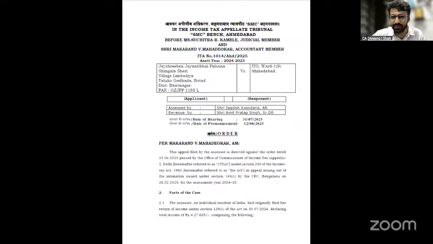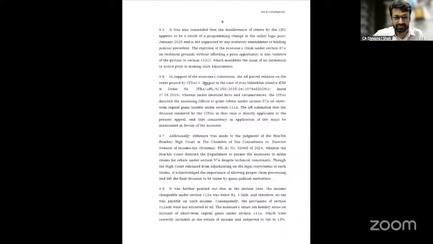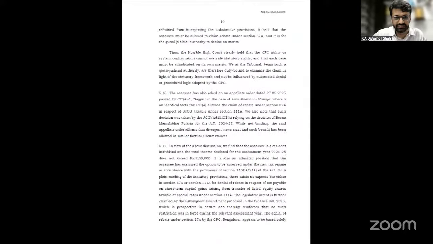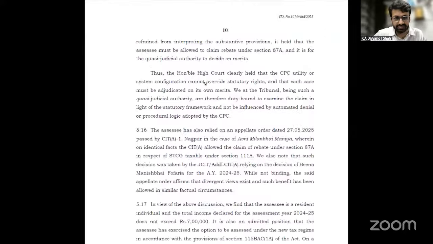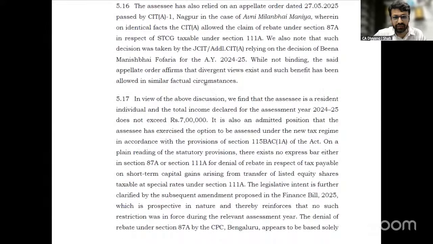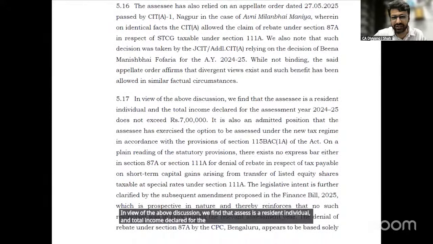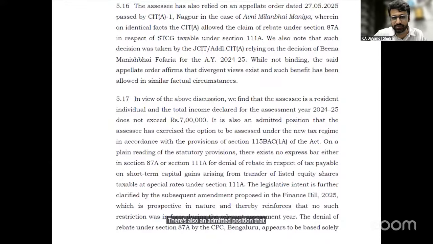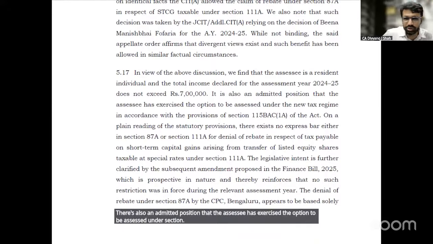I'm just reading the relevant para. In view of the above discussion, we find that assessee is a resident individual, and total income declared for the assessment year 24-25 does not exceed 7 lakh. It is also an admitted position that the assessee has exercised the option to be assessed under the new regime.